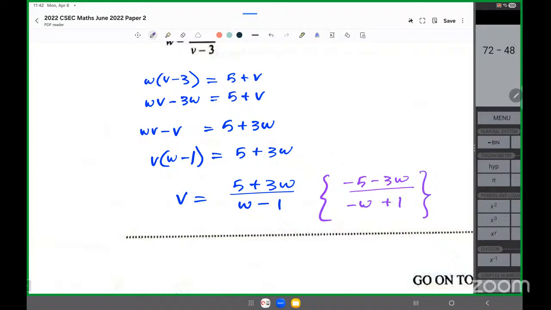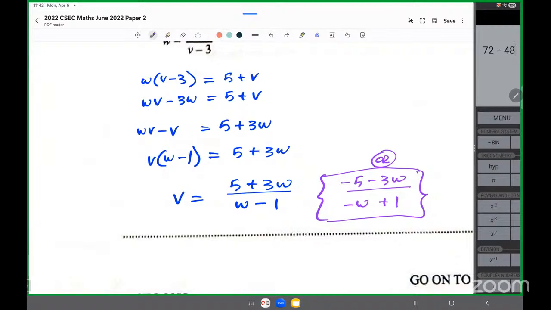So you could have got this as well, but I think this is a cleaner expression for it. I can multiply the numerator by minus 1 and the denominator by minus 1 as well. So that's what you would have gotten if you had grouped the V terms over on this side instead. That's the answer.